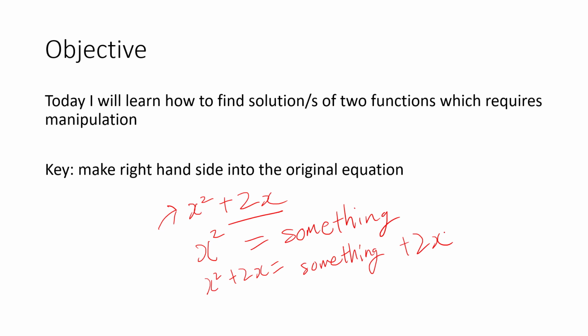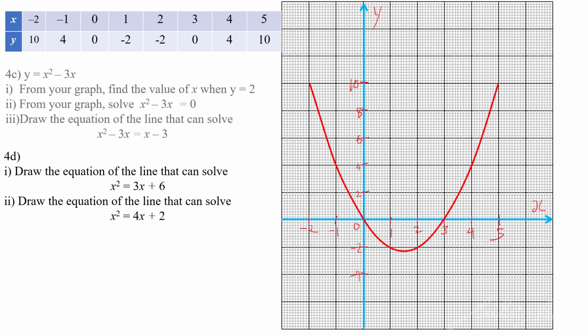What you need for the next few graphs will be what you have drawn, which is questions 4, 5, and 6. So we have done 4C. Let's look at today's question, which is 4D, part 1 and part 2. So draw the equation of the line that can solve x squared is equals to 3x plus 6.